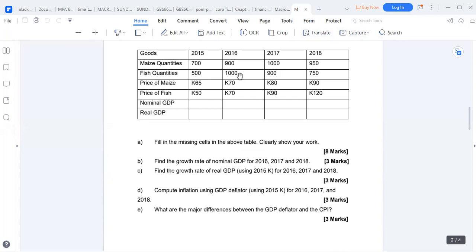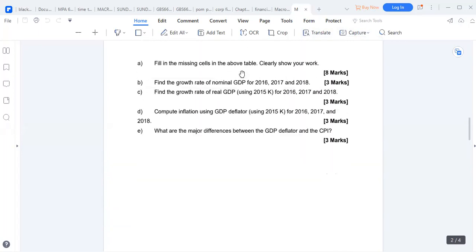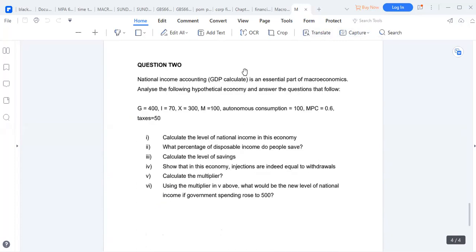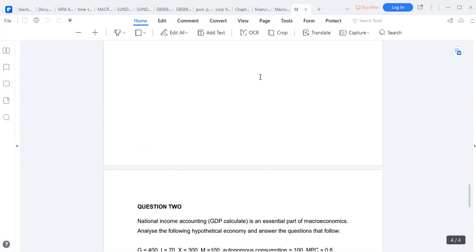And also, we'll look at the other component, where we calculate the level of national income in the economy, given the autonomous consumption, the marginal propensity to consume, the taxes, the government expenditure, also the investment and the imports and exports. This is just about what we are going to look at.